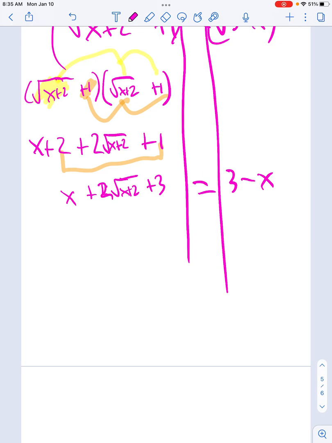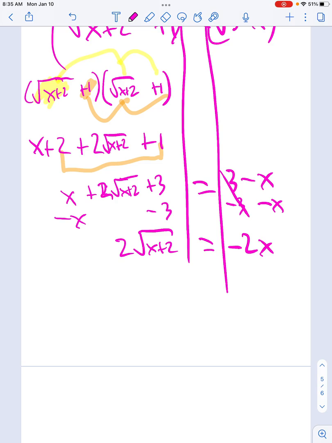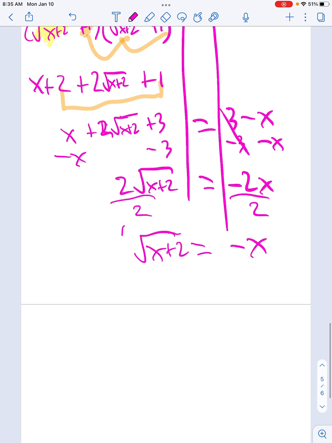So I'm going to subtract 3, and I'm going to subtract x. So I'm left with 2 square root of x plus 2 equals negative 2x. Now I'm going to divide by 2, and get square root of x plus 2 equals negative x.